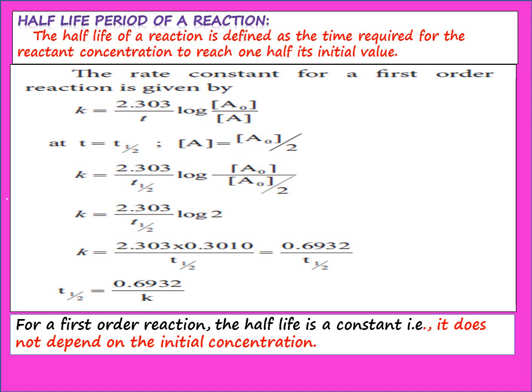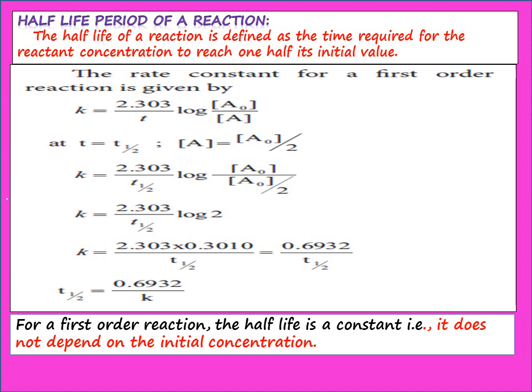So the initial concentration is A naught, divided by 2. So the A value will be A naught by 2. We substitute in the rate constant equation: K is equal to 2.303 by, in place of t, t half, log A naught, and in place of A, A naught by 2.